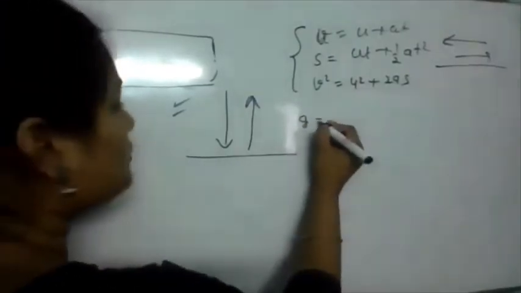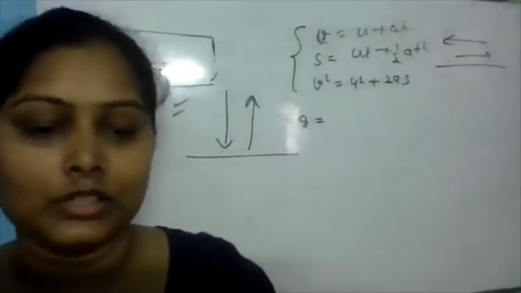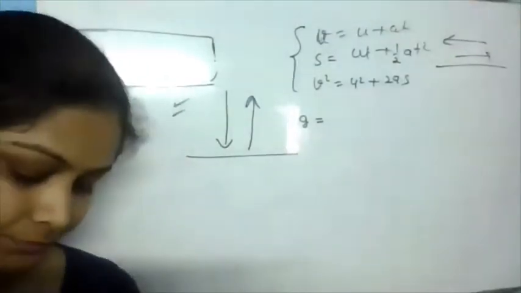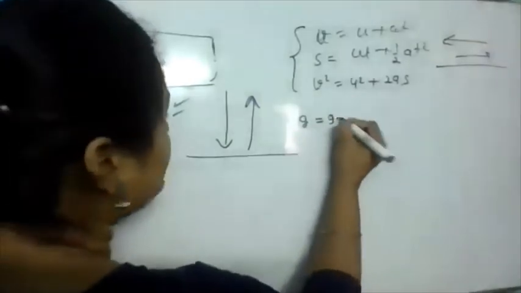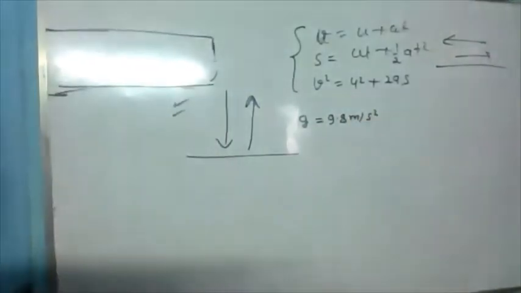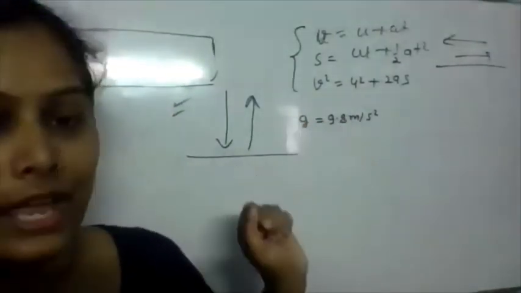And the value of small g is, come on, answer me. The value of small g is 9.8 meter per second square. Okay, this is your acceleration due to gravity.